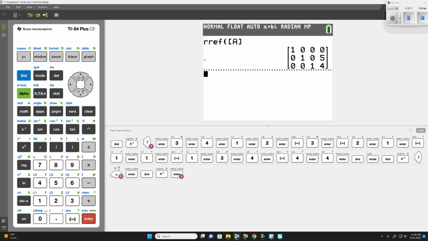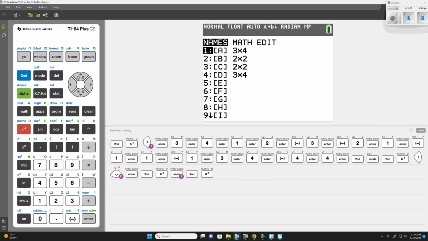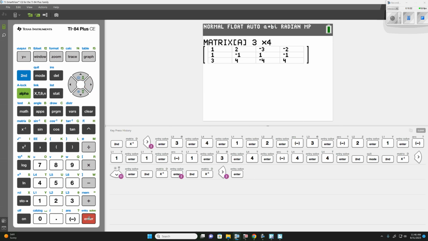Now we just need to type it in. So to input it into the matrix, we're going to do what? Second matrix, edit, because we need to put it in there. Since we're only working with 1, we'll just keep putting this in as A. Is it 3 by 4? It is a 3 by 4.